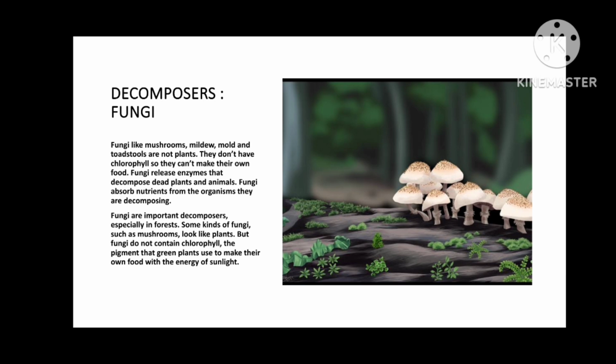Fungus, the most common decomposer found in our surrounding, that is the agaricus or the mushroom. We are familiar with this umbrella-like structure that they are having. Mushrooms are of two types, edible and non-edible. Edible mushrooms are rich source of protein and other minerals. The non-edibles are the sources of poison.